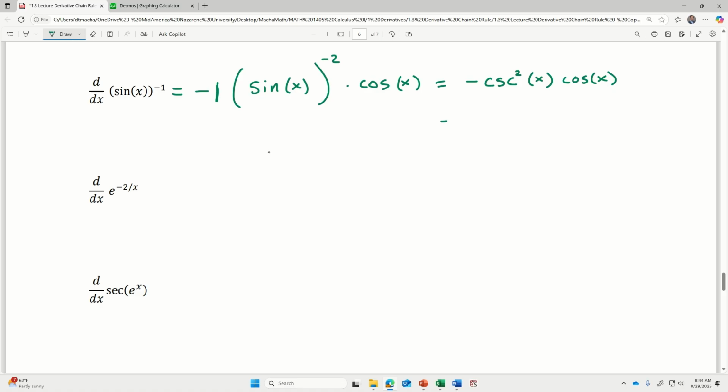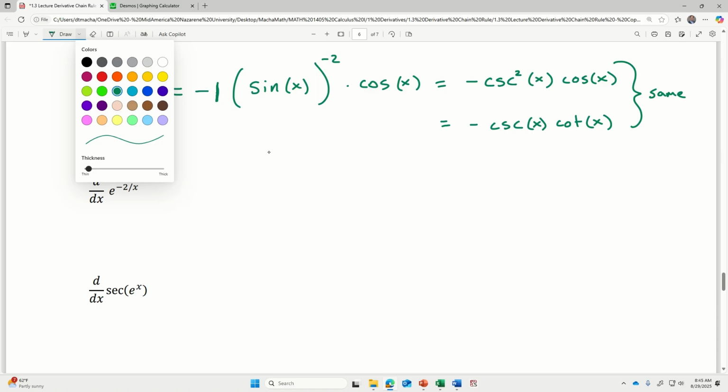And again, there's a lot of different ways in math to represent things. Cosine divided by sine is cotangent. So I could also write it like that. And these are the same. I don't know that one's any better than the other, but always be aware that there's multiple ways to represent the same thing.